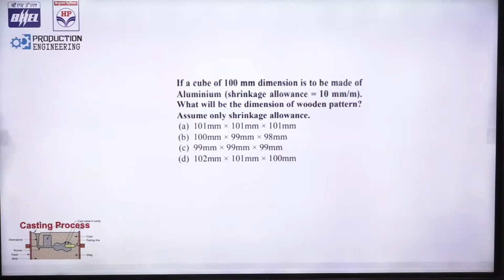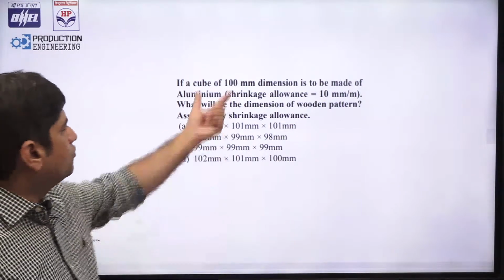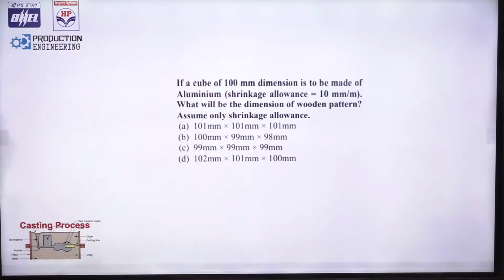Final dimension is given to us, and shrinkage is also given, that is 10 millimeter per meter. So what will be the size in millimeter?